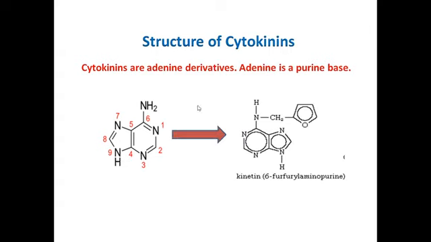Here I have taken kinetin, which was extracted from the herring sperm, and this is 6-furfuryl aminopurine. Here is the adenine. Here this NH2 group contains an extra ring, so it becomes 6-furfuryl aminopurine. So these are the derivatives of adenine, which is a purine base.